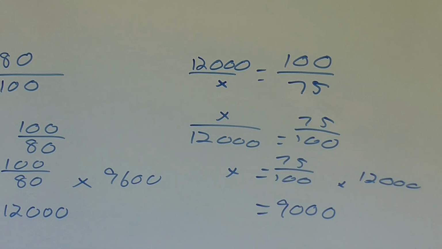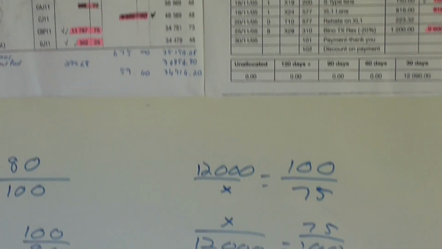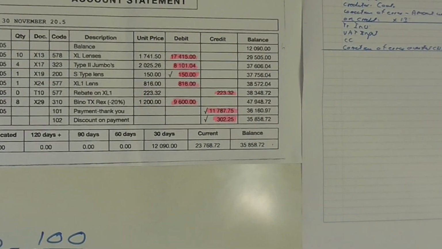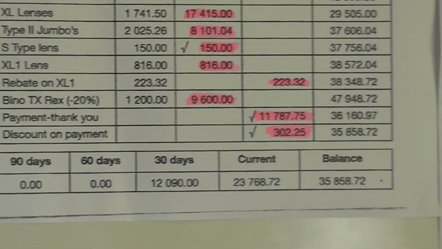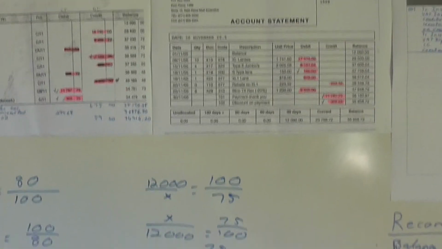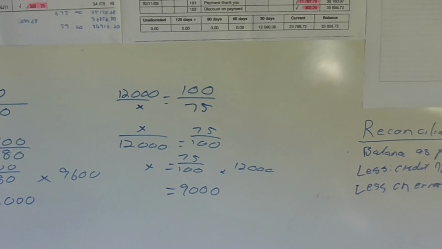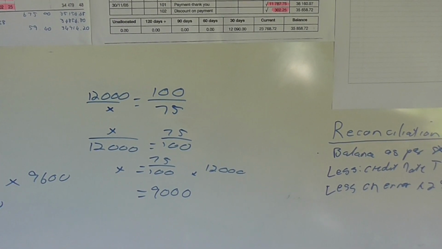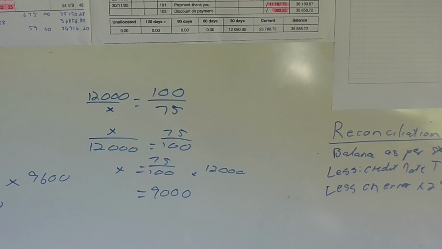All right. So in other words, we were only supposed to pay 9,000 rand. But how much did we pay? If we look at both of our invoices, let's pick one since both of us are wrong, 9600. So in other words, we paid 600 rand too much, because 9600 minus 9,000 equals 600.